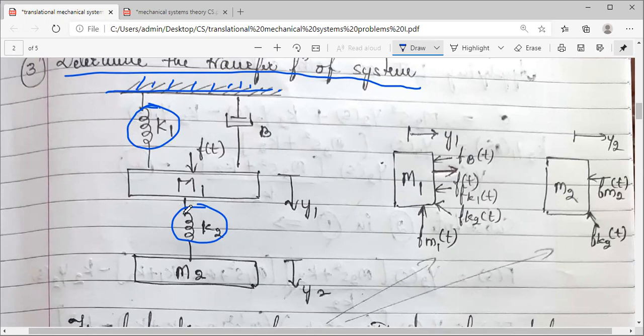Any difference you find in these two springs? Just check how they are connected and tell me. If you have attended the previous sessions, you may be able to tell the answer. Any difference you find in both the springs, the way they are connected? You can unmute and answer, no problem.